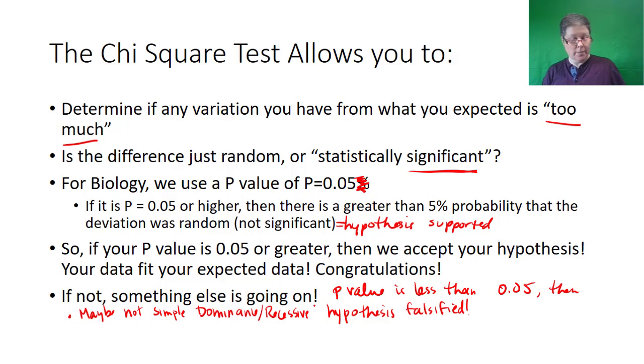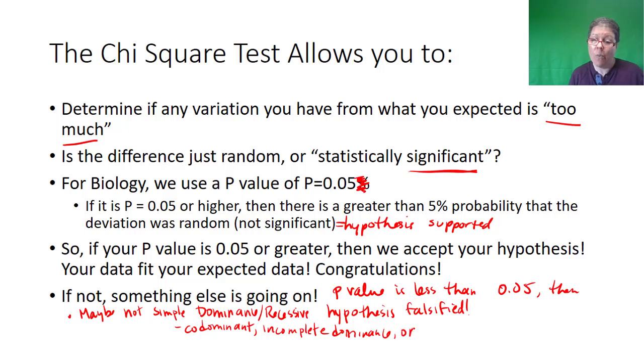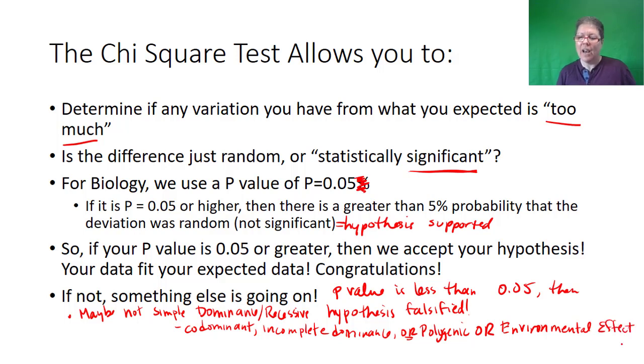Maybe it's codominance. Or, I need to be able to spell. There we go. Or maybe it's polygenic inheritance. There's more than one gene. Or maybe there's an environmental effect. I had to remember. Okay, effect and effect.